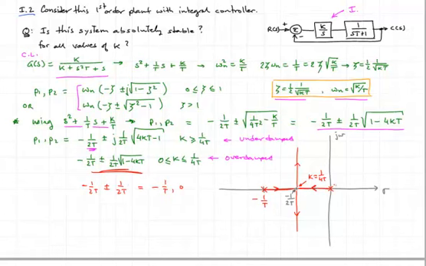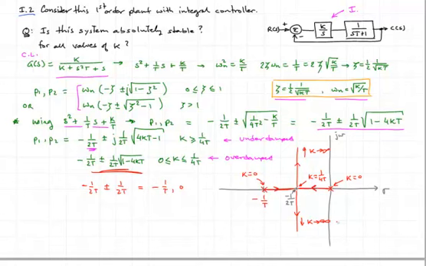So this pole at 0 corresponds to the case of k equal to 0. This pole at minus 1 over capital T corresponds to the case where k is equal to 0. And as k goes to infinity, the poles become first complex conjugates, and they then move to plus j infinity and minus j infinity.